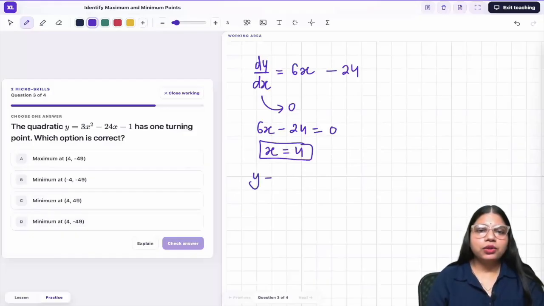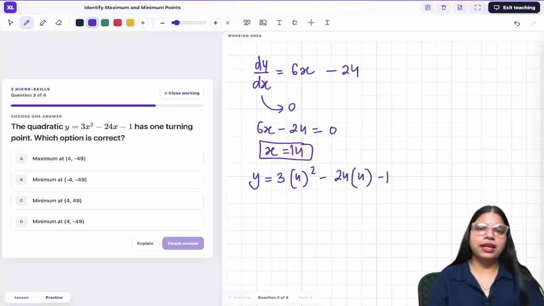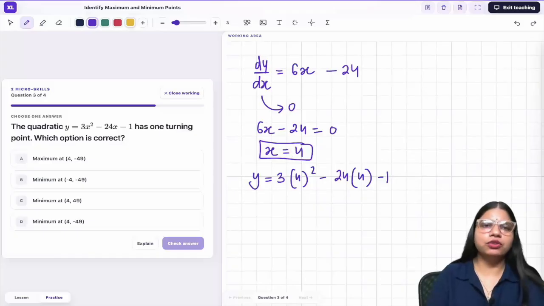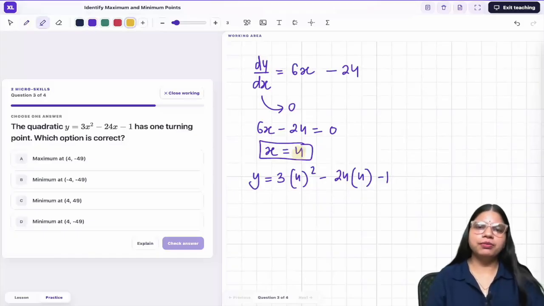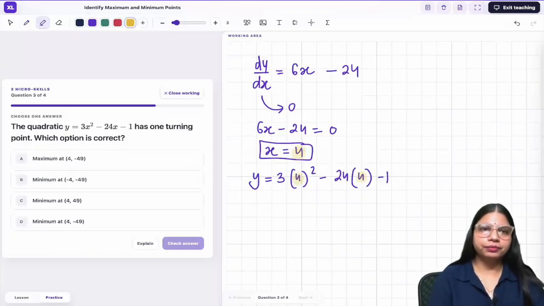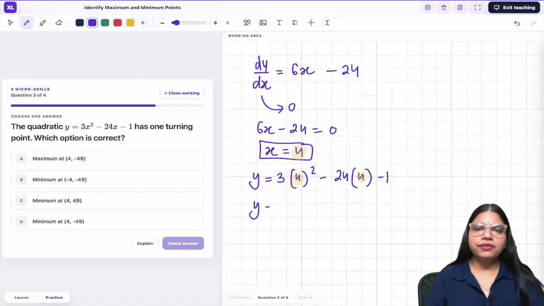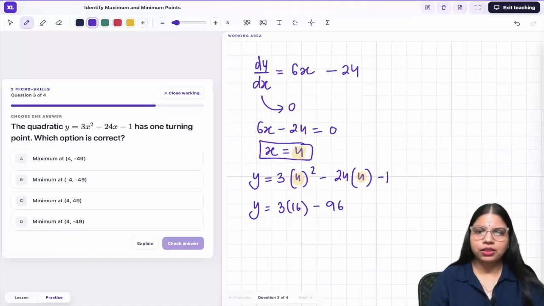So y is going to be nothing but substituting the value: 3 times 4 squared minus 24 times 4 minus 1. What we did over here, we found the value of x to be 4 and we just substituted it here, correct? So it gives us 3 times 16, which is 48, minus 24 times 4, which is 96, minus 1.